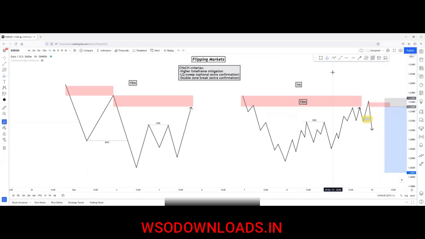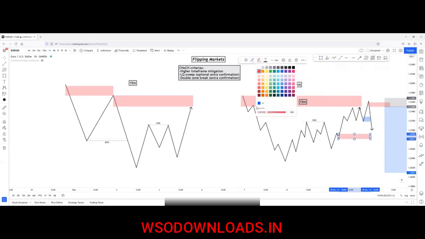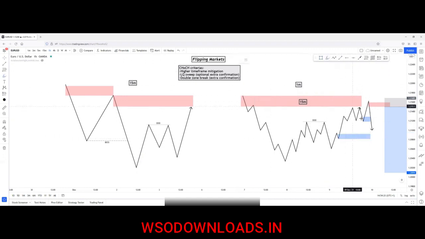And the third criteria, it's also an extra confirmation, the double zone break. If price breaks through double demand or supply zone. So as you can see, we have this demand zone here also. This is the first demand zone up here. This is the second demand zone down here. If price breaks through this demand zone also, that will be a really strong and great confirmation for the short entries.